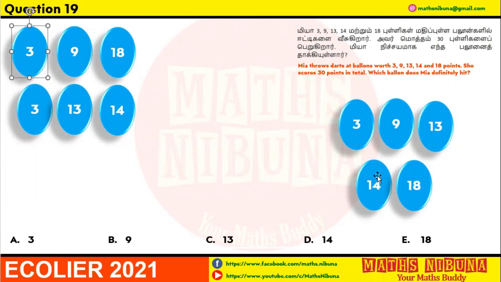You can test with other combinations, it cannot work. If I take 9 and 13, I cannot move back, I have to get another 9. This is what we call, I don't want to use very high mathematical words, some kind of logical sum. So the answer will be 3.